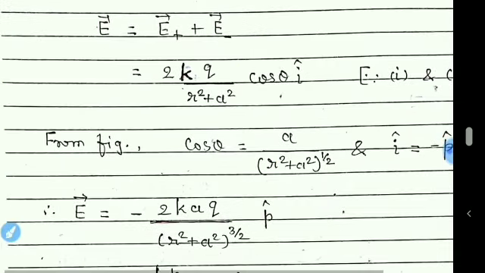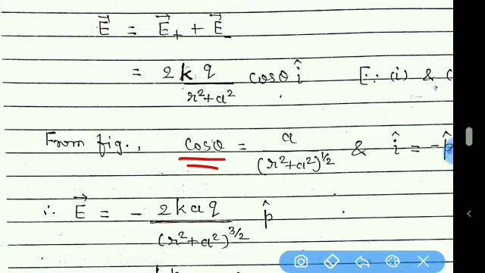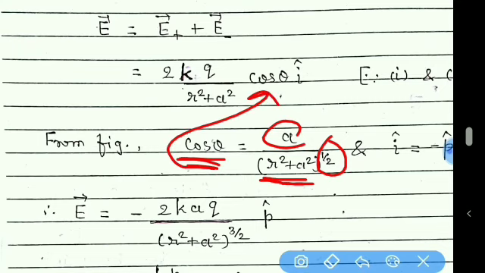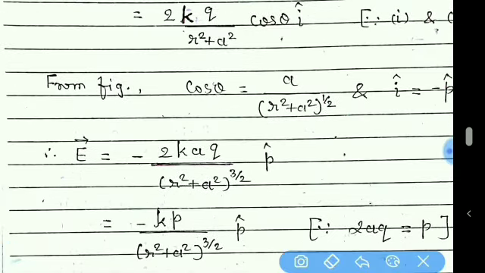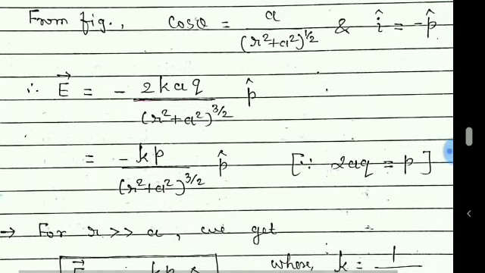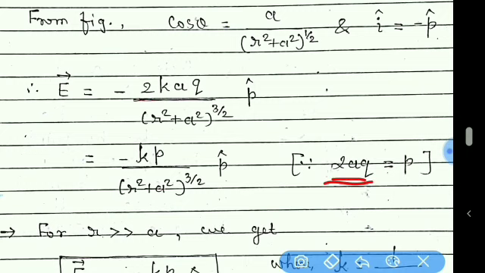Now from the figure, cos theta is a upon r square plus a square raised to 1 by 2. Using this value of cos theta in this equation, we get this step, and then putting twice of a equal to p as earlier, we get this relation.